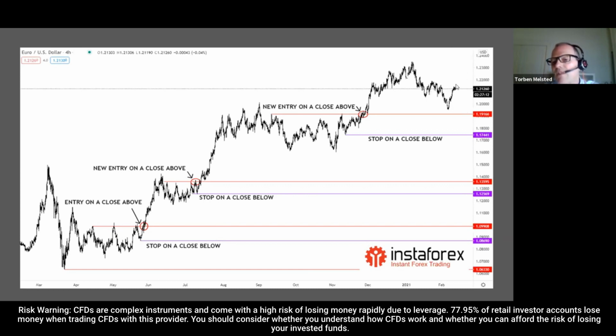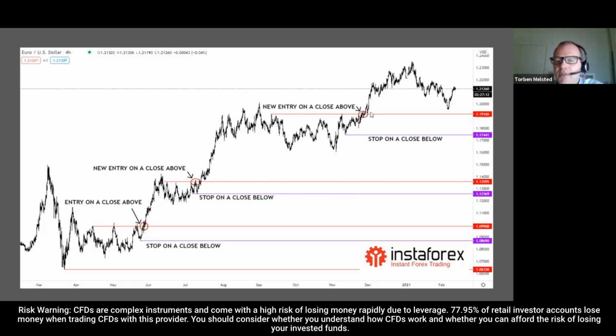If this one fails, we have tried it, and if it fails, then the market or the bears would be stronger than the bulls right now, and then we should expect stops to be taken out that have tried to go long here, and they would be taken out down here, and then that would push the market even lower. So that would be a way to use resistance as entry points, and then have supports as your stop points, and move the stops ahead if you have an entry.